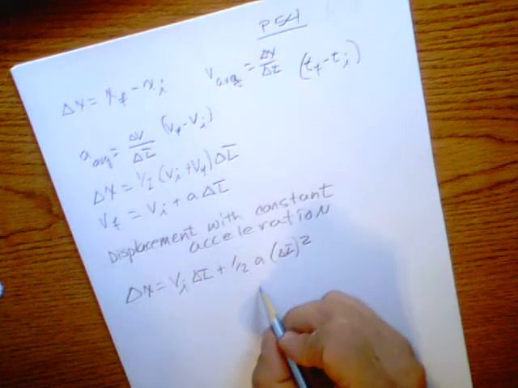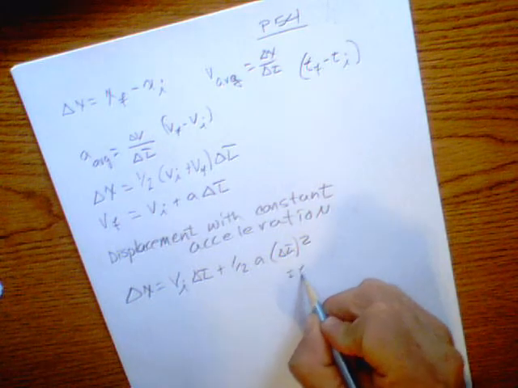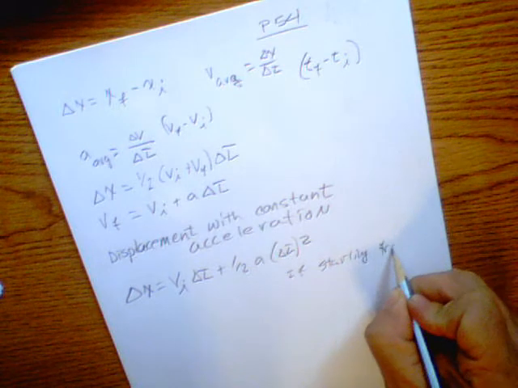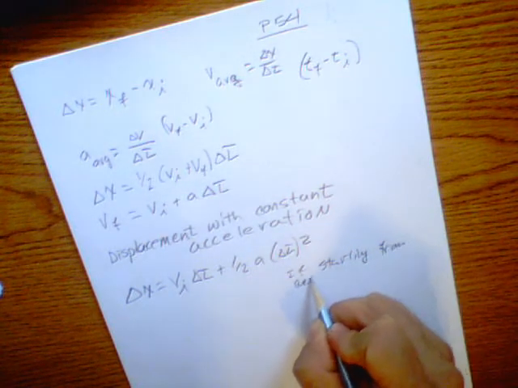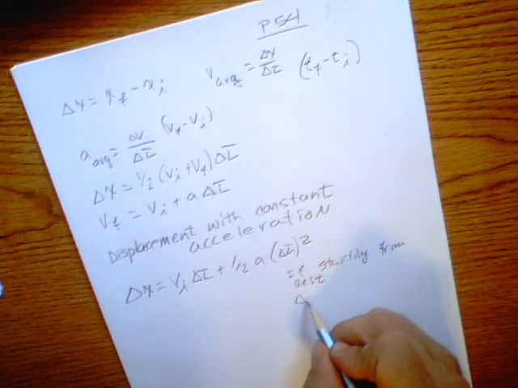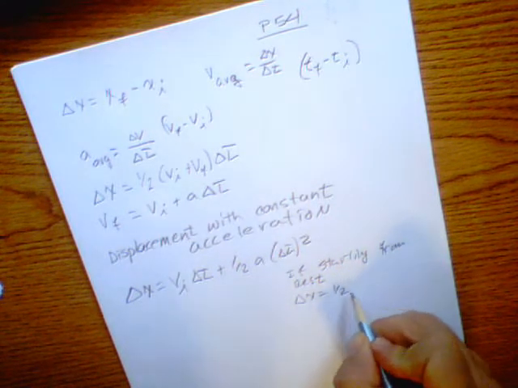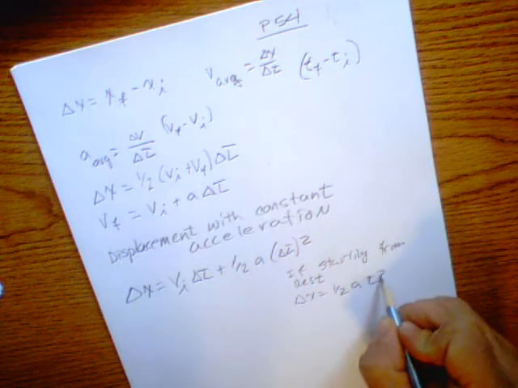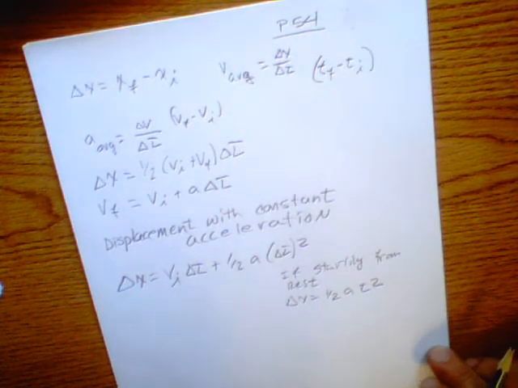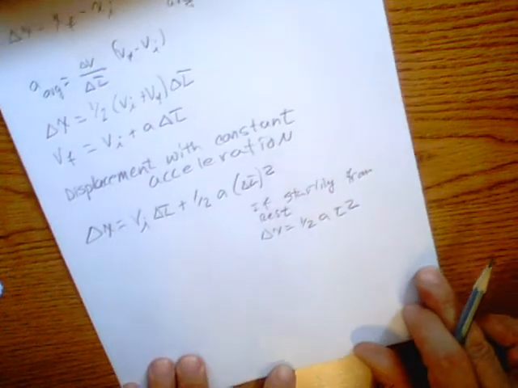Now, if you're starting from zero or from rest, you can collapse this equation down to change in x equals 1/2 acceleration times time squared. Right? If you're starting from rest.